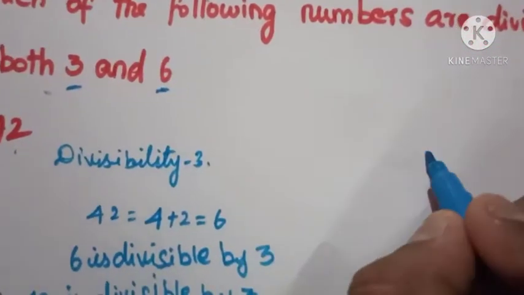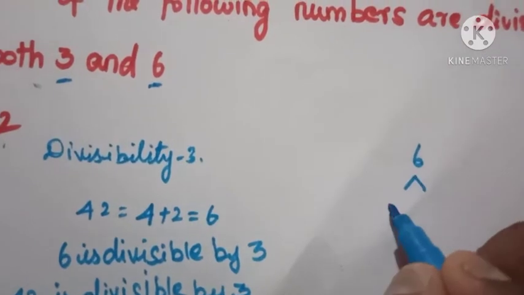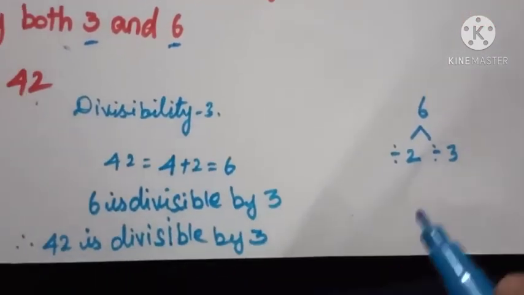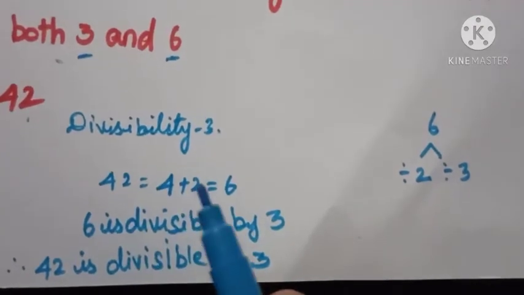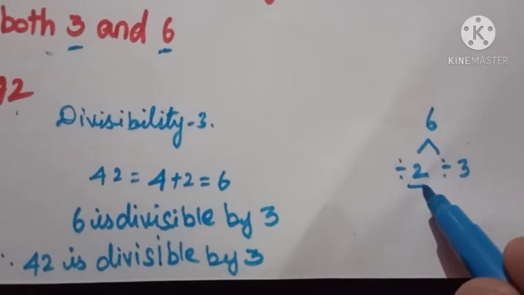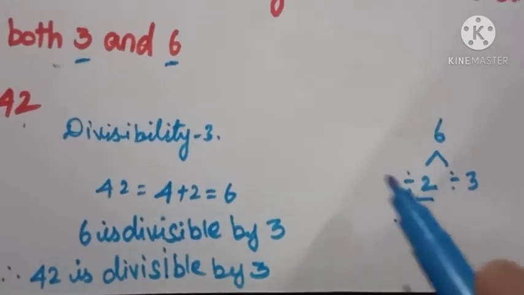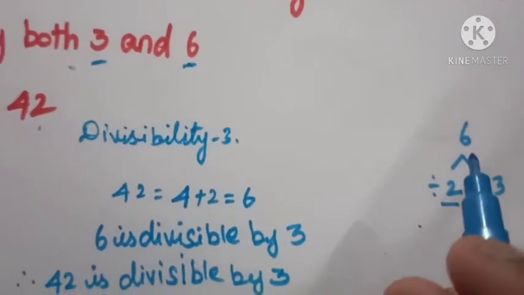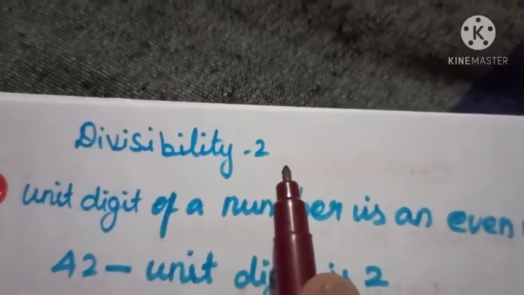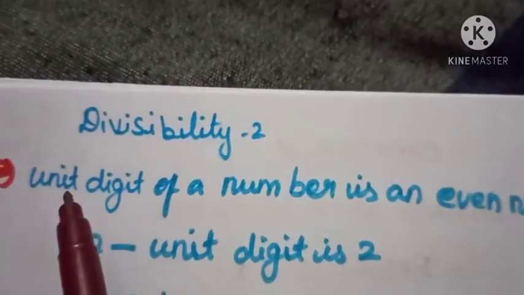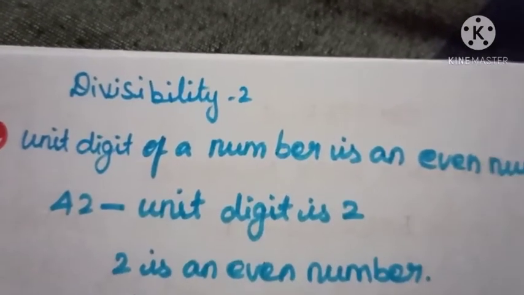So 6 means it can be divisible by 2 and divisible by 3. Already we proved this number is divisible by 3. We just need to check with the divisibility rule 2. If it is satisfied, the given number 42 is divisible by both 3 and 6. So divisibility 2: unit digit of a number is an even number, that number is divisible by 2.